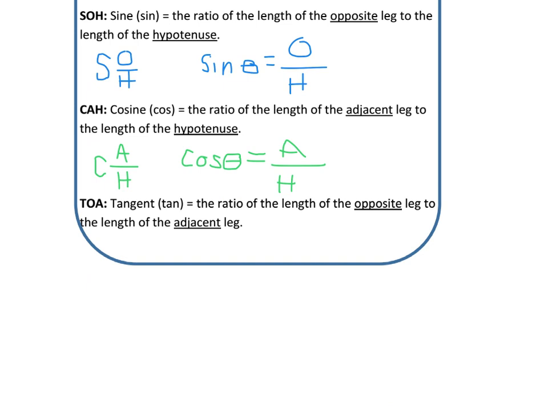The last one we have is TOA. So tangent is equal to the opposite over the adjacent. So tangent is the ratio of the length of the opposite leg over the adjacent leg. So tangent of theta equals the opposite over the adjacent.